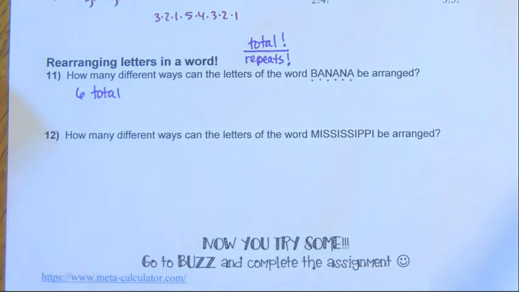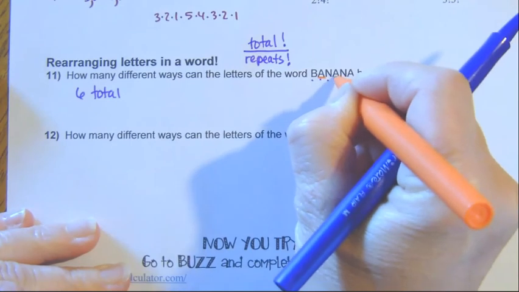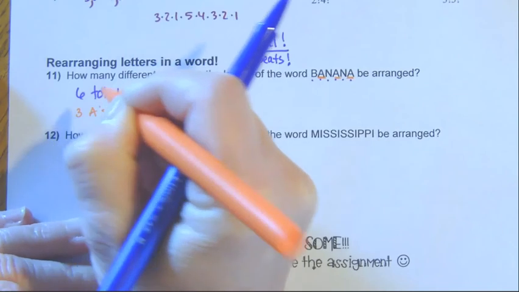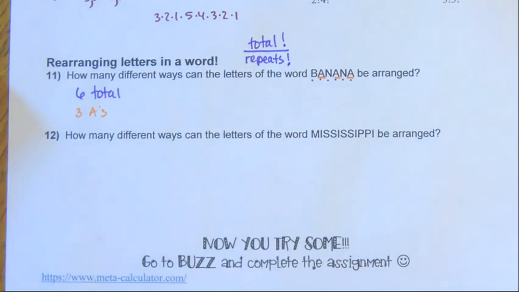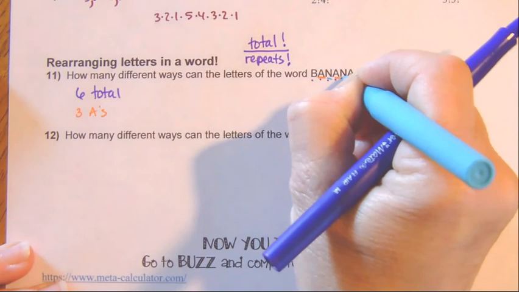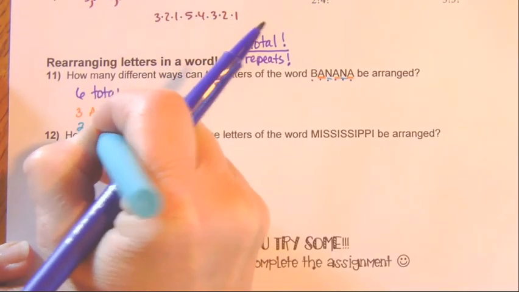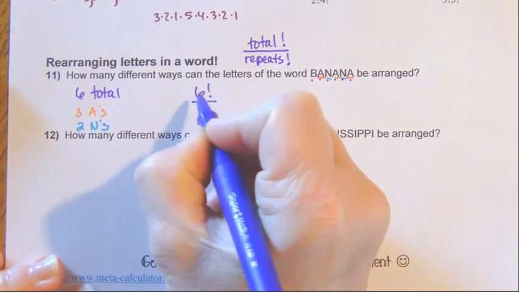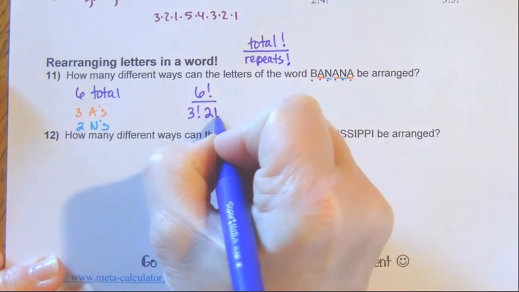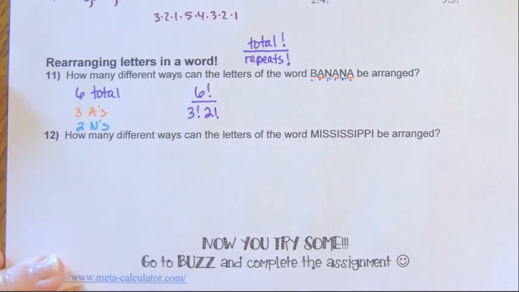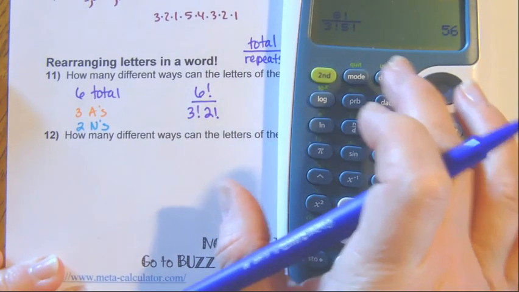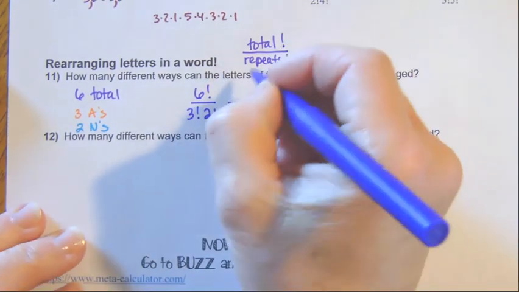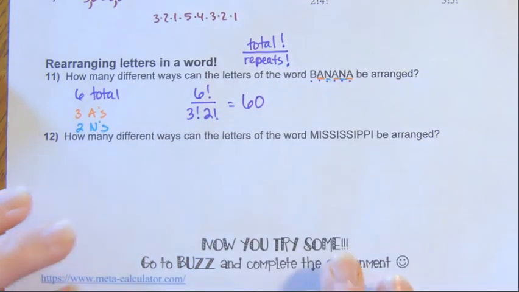I have 1, 2, 3 A's, and I have 2 N's. So the way that I would do this problem is I would do 6 factorial divided by 3 factorial, 2 factorial. And then you just type that in your calculator. I'm not going to show you how to type that again. I think you guys should have that. And that gives you 60. Make sure you know how to type that.